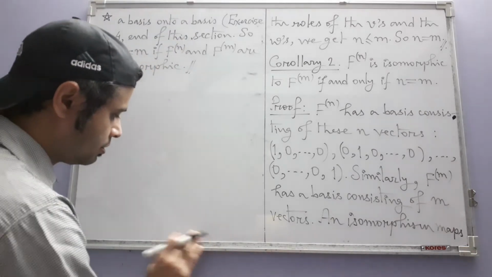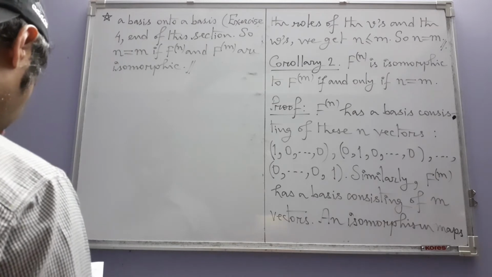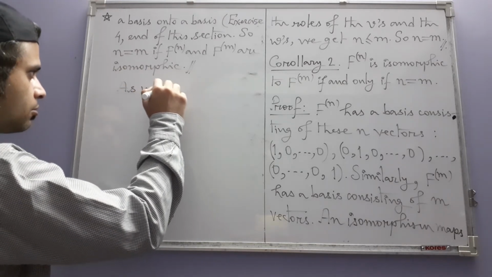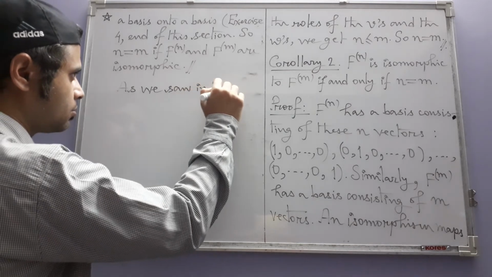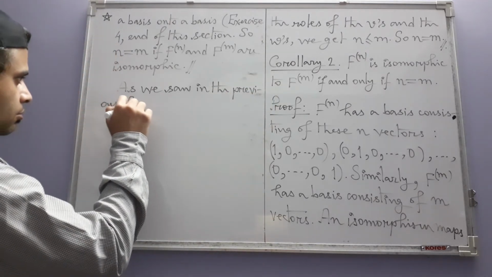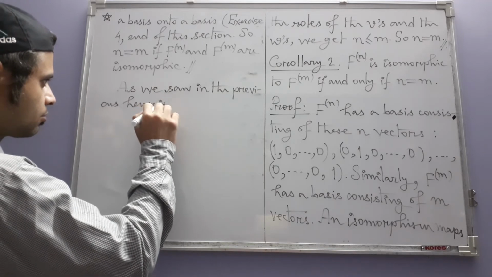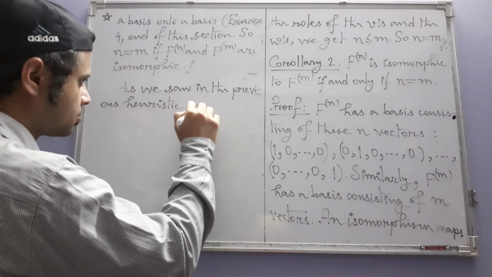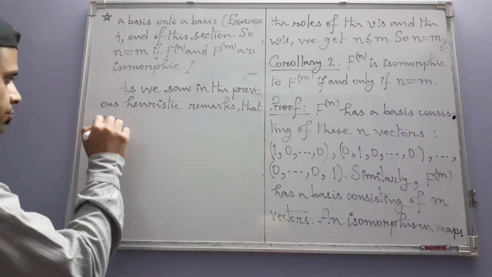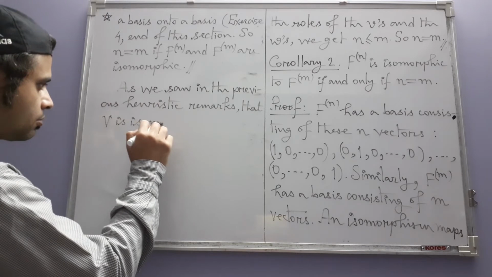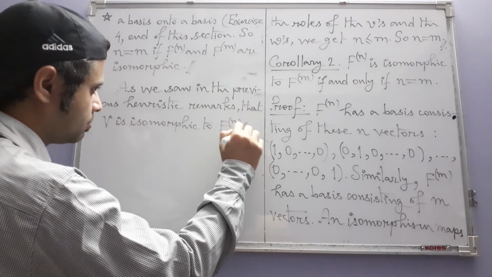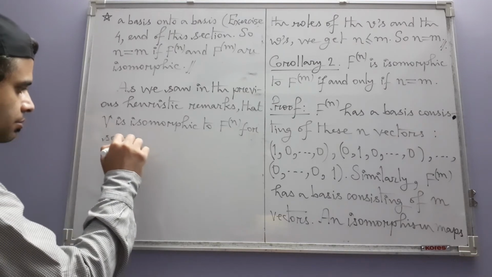Okay, let me at least write this part. As we saw in the previous heuristic remarks, that V is isomorphic to Fn for some n.